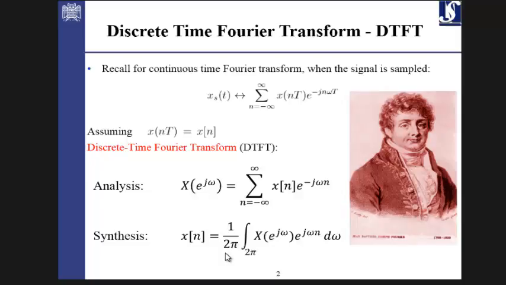And we saw that the analysis for this comes as a series like this, but the result is a function which is periodic because of e to the power of j omega, and also continuous with frequency because omega is a continuous frequency. And this synthesis form, which is normally not used, we normally use the definitions to get the synthesis form of that.